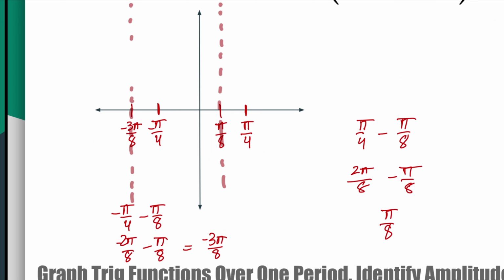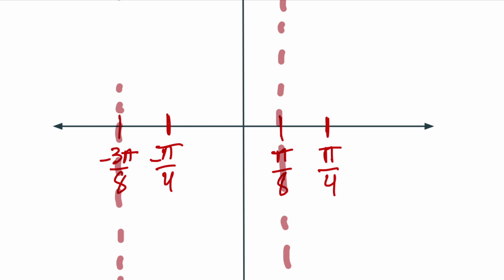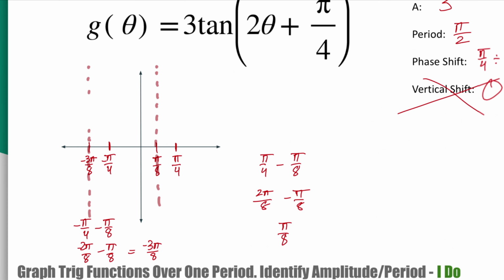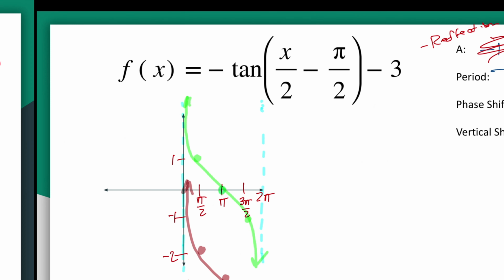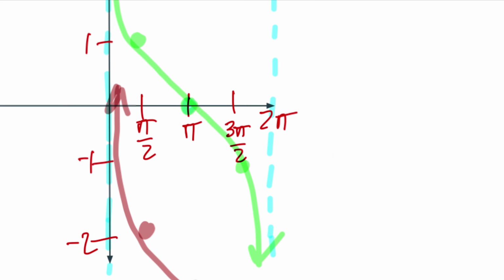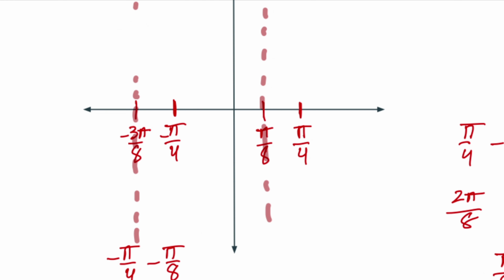Now we do need to split this into multiple parts. We do have this pi over 2 period. In the previous one, you could just easily split it. What's half of 2 pi? Half of 2 pi is just pi. That's easy to think about. But when we're here and we ask what is half this distance, think about it.